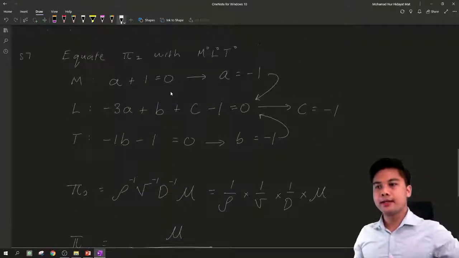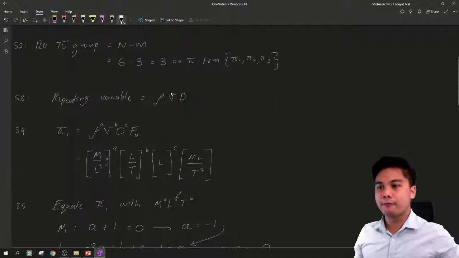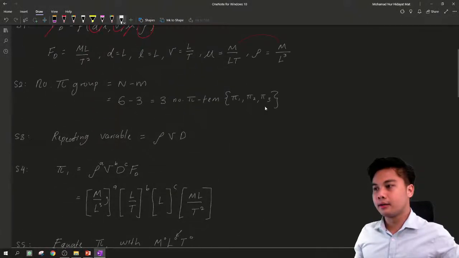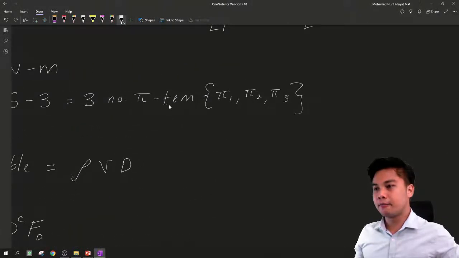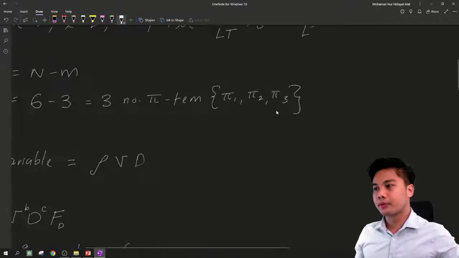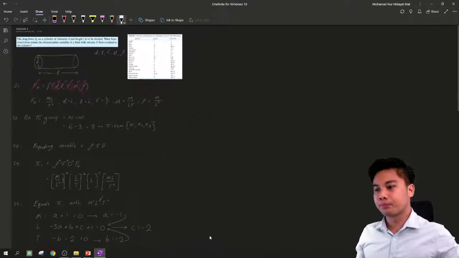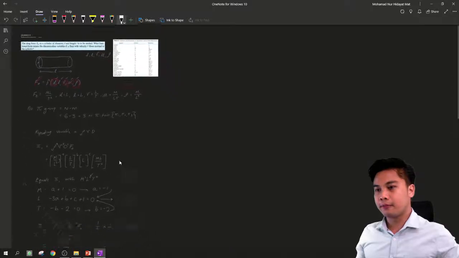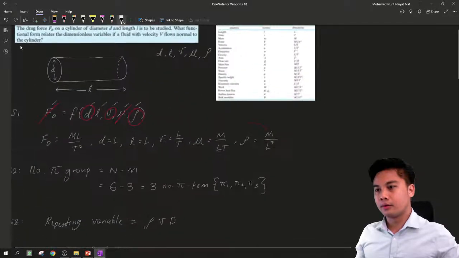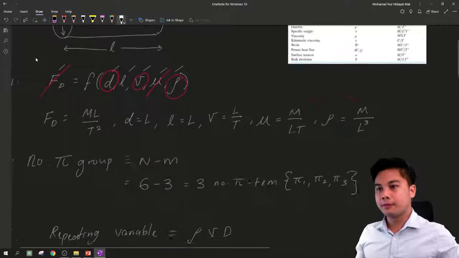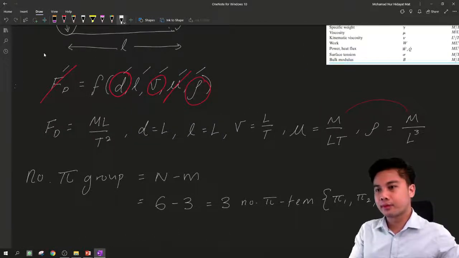Okay, and finally, the last pi term. We have 3 pi terms, remember? Previously, the number of pi terms is 3, which is pi 1, pi 2, and pi 3. The final pi term, we need to select from here. After we have selected F as the first pi term, and we have selected mu, the last part is L, which is length.